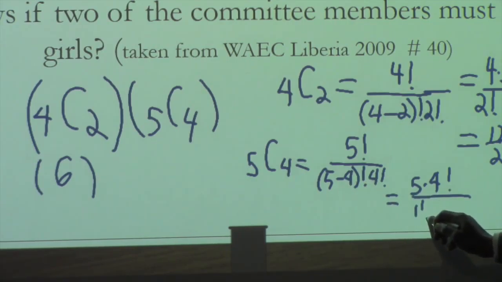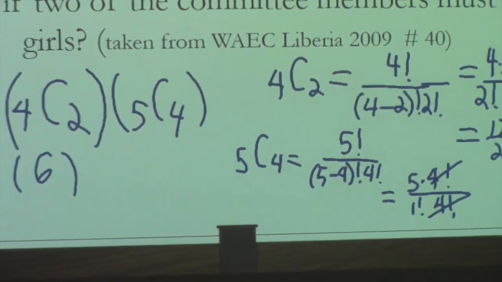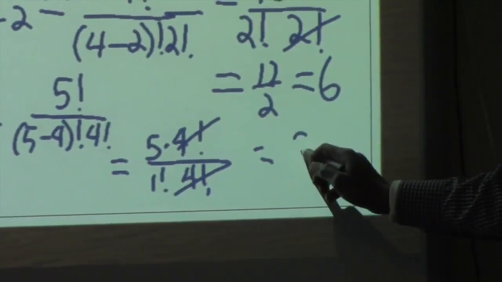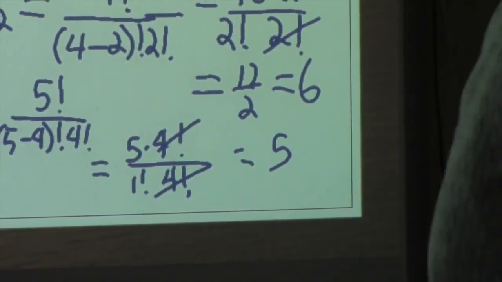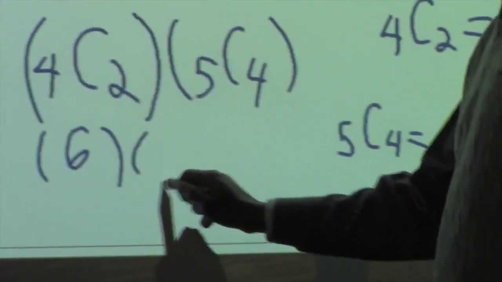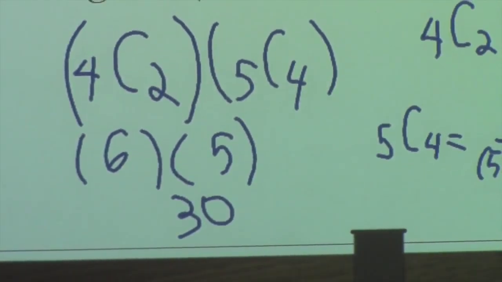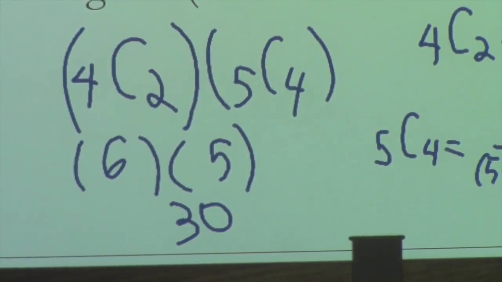I have 1 factorial, 4 factorial. Now these 4 factorials will cancel, and I will be left with just what? 5, because 5 divided by 1 will be 5. So the number of ways you can choose for that will be 5. So now I have 6 times 5, and then my answer will give me what? 30. So there will be 30 different ways that you can form this committee.